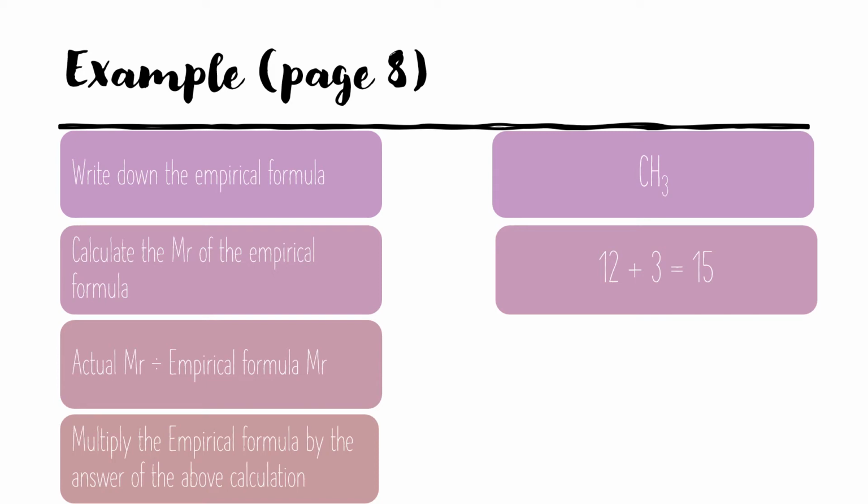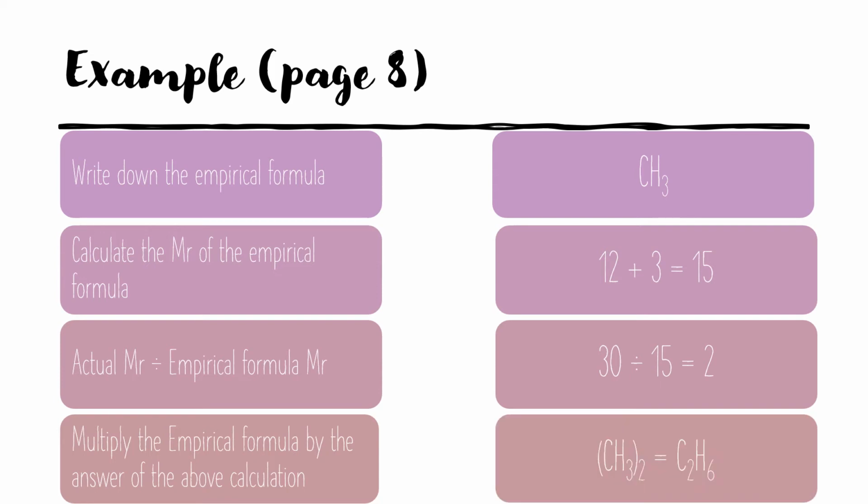So the MR of the empirical formula is 15. Then take the actual MR that they have given you, and here they've told you it's 30, and divide that by the MR of the empirical formula. So the calculation is 30 divided by 15 gets you 2. And then the final step is take the empirical formula and multiply it by that number you've just found. So here we've taken CH3, multiplied it by 2, and that gets us C2H6.